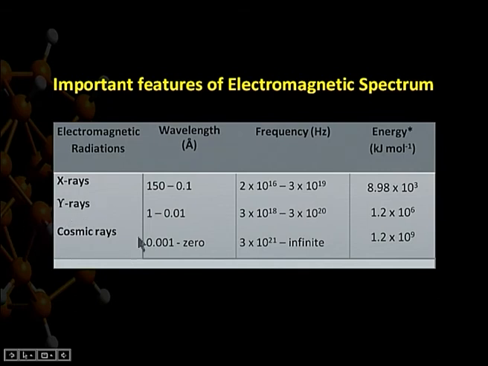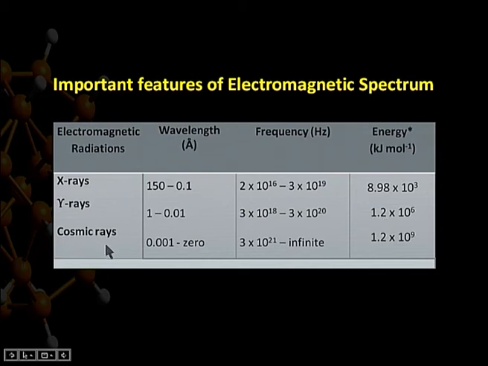Likewise, the X-rays, gamma rays and cosmic rays have wavelengths in these ranges. The X-rays have this range, and the frequency in hertz in this range, and their energy in kilojoules per mole like this. The gamma rays have wavelength in angstrom from this range to this range, and frequency from this range to this range in hertz, and their energy in kilojoules per mole.